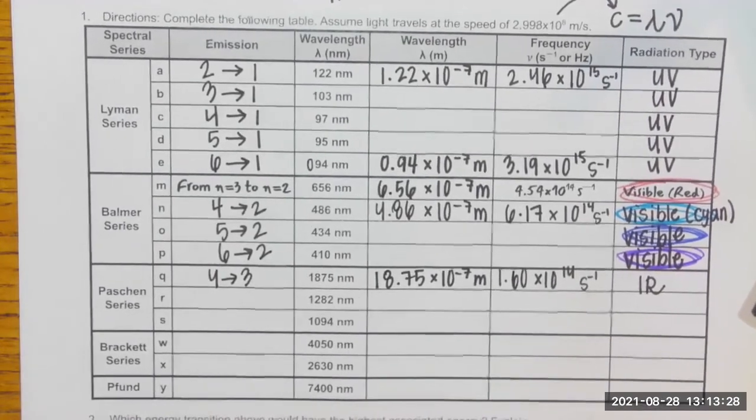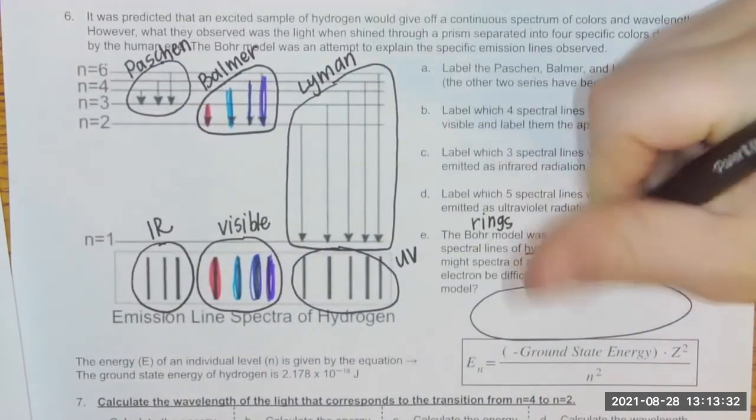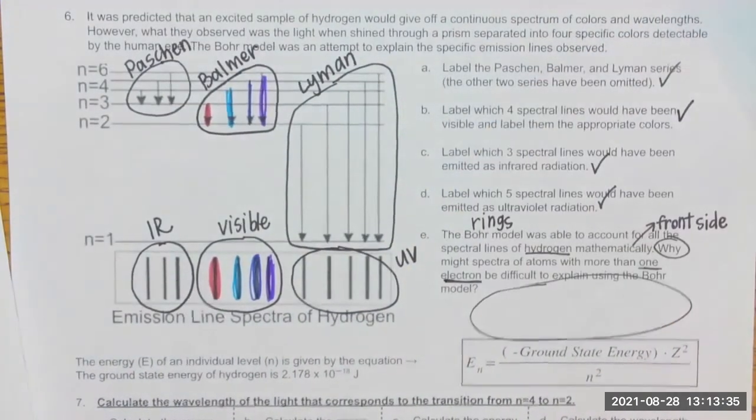How in the world are you supposed to do any other calculations for anything else that has more than 1 electron? It would just be absolute insanity and complication. So you only will ever have questions like this one based off of hydrogen.